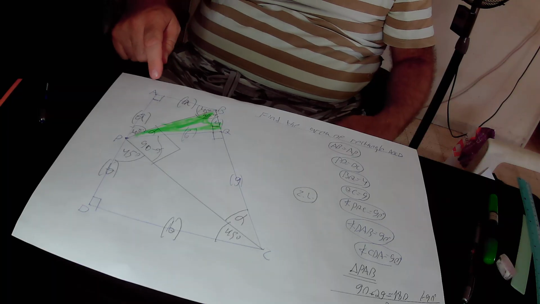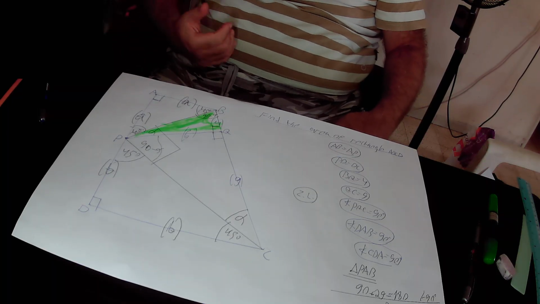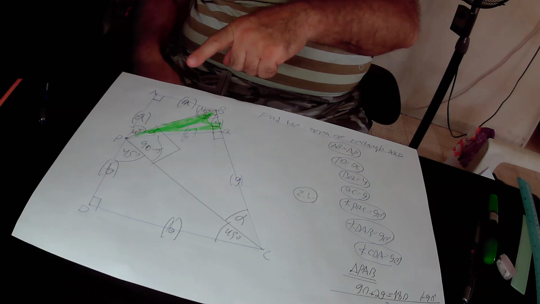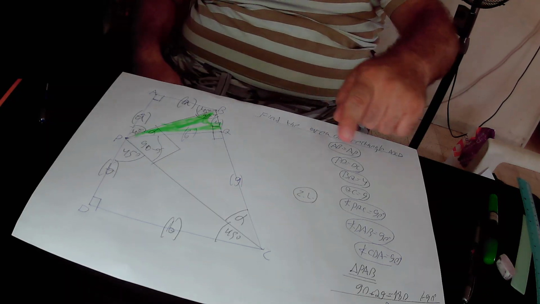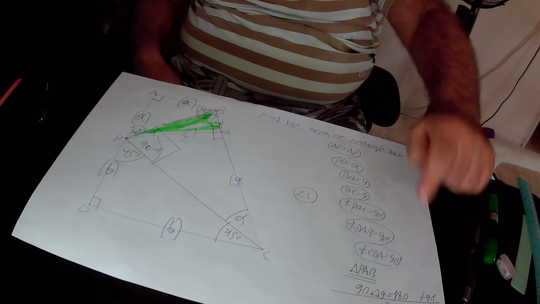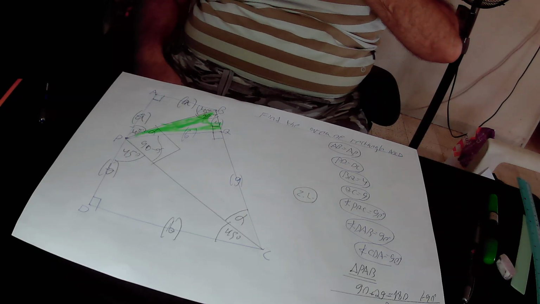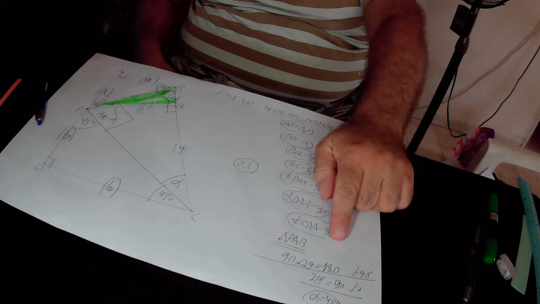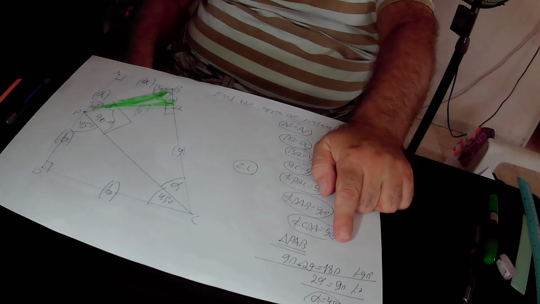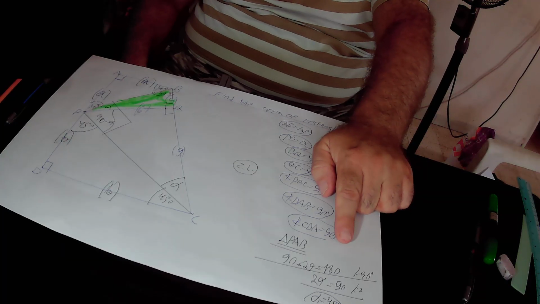So in the right triangle ABP, the sum of the angles must be equal to 180 degrees. Which angles do we have in the right triangle ABP? We have this right angle, plus alpha, plus alpha, that is 90 plus 2 alpha, and in total it must be equal to 180 degrees. So we subtract 90 degrees, and we find that 2 alpha equals 180 degrees minus 90 degrees, which is 90 degrees.